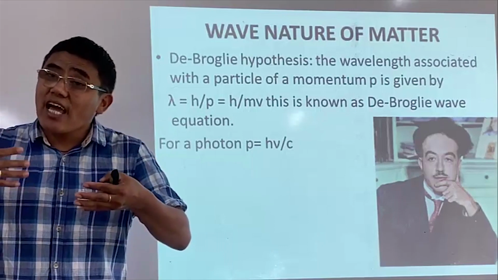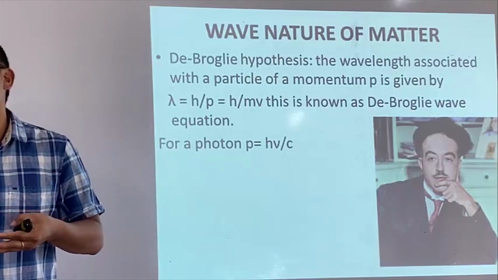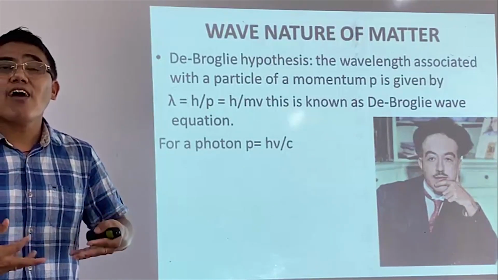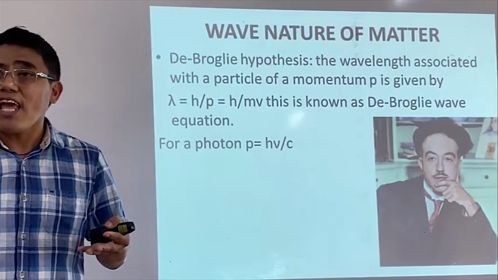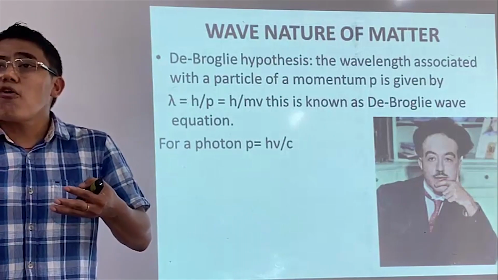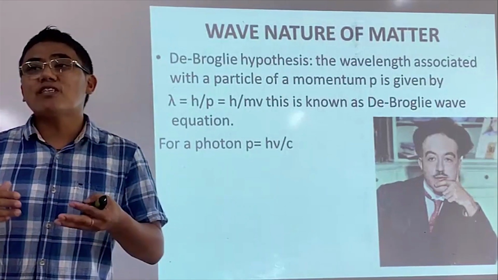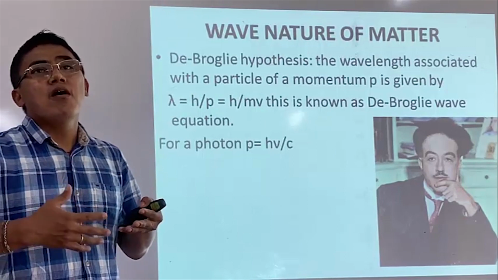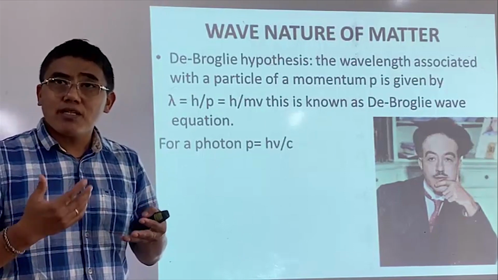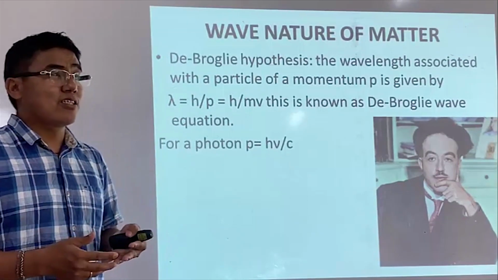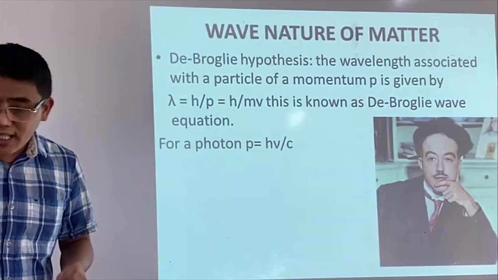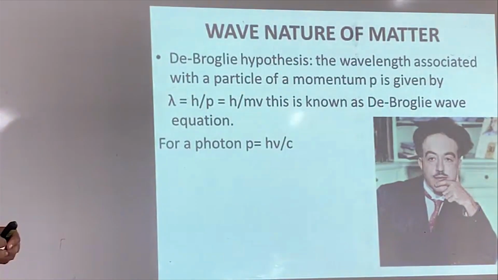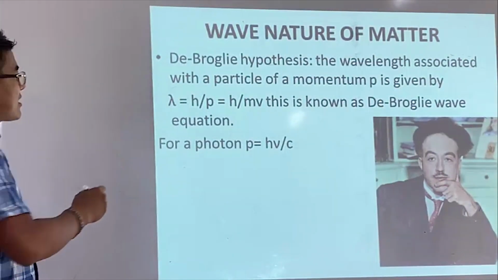When I allow an electron to move with some velocity, the electron will have some definite, measurable, finite wavelength. And if I allow a proton to move with some velocity, the proton will have some definite, finite momentum and wavelength. Then he proposed a hypothesis saying that the wavelength associated with a particle is given by this.